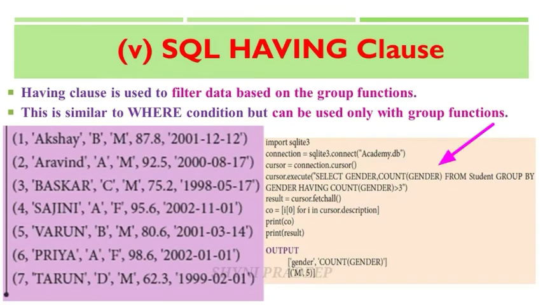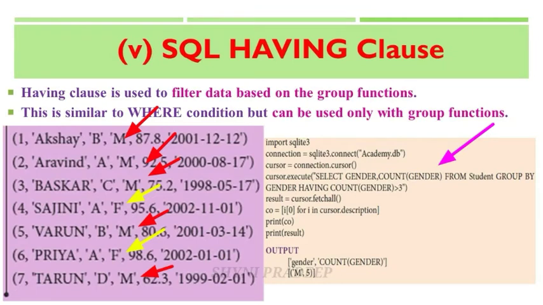See here, SELECT gender, COUNT(gender) FROM student GROUP BY gender HAVING COUNT(gender) > 3. Here you have to select the gender. Two genders, what are they? Female and male. You have to count the gender. Female 2, male 5. Okay. So F2, M5.